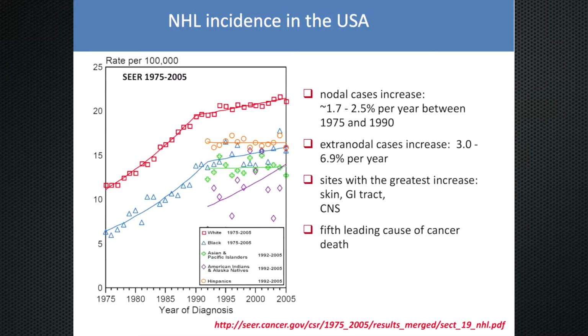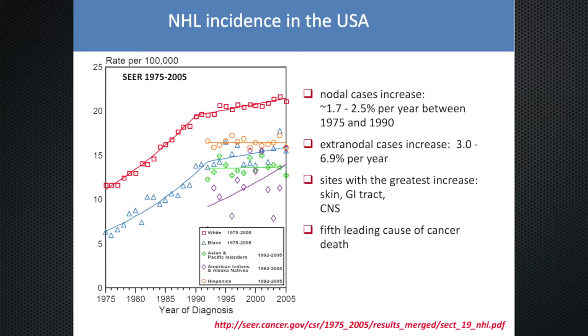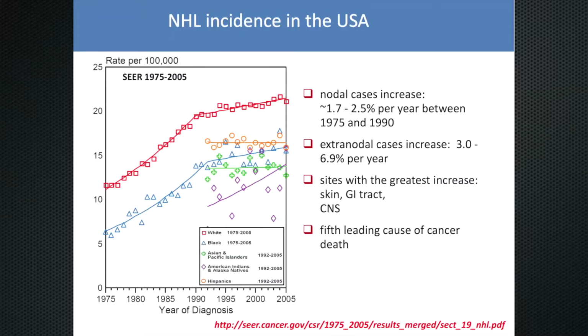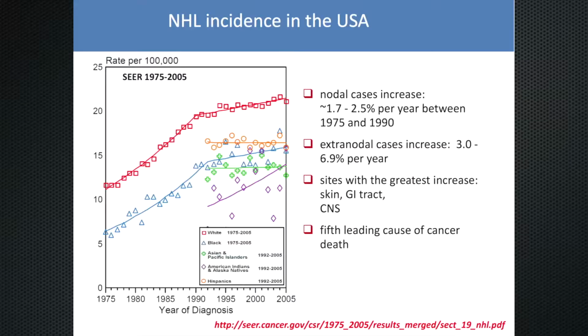Now, let's introduce the topic of lymphomas, since I will be the only one talking about that. In the last 30 years, non-Hodgkin lymphomas have doubled in frequency in the Western world, and more so for the extranodal variant, which represents about 40% of the malignant lymphomas, and mainly so in the GI tract, in the skin, and in the CNS, so that today in Western Europe and in the US, malignant lymphomas are the 5th leading cause of cancer death.